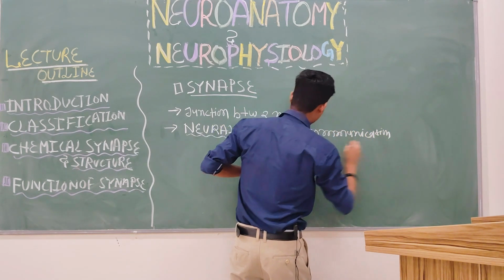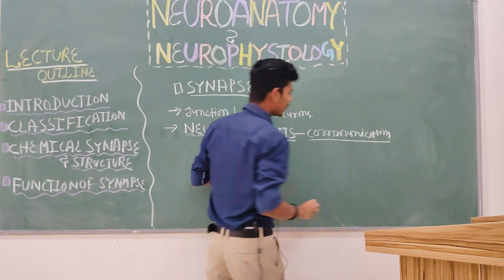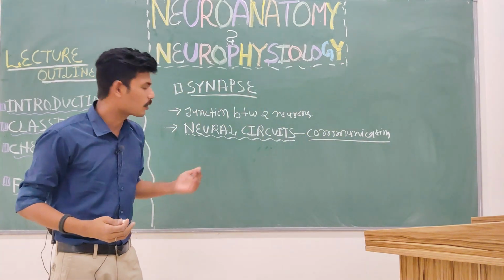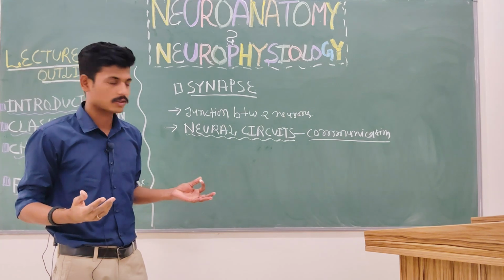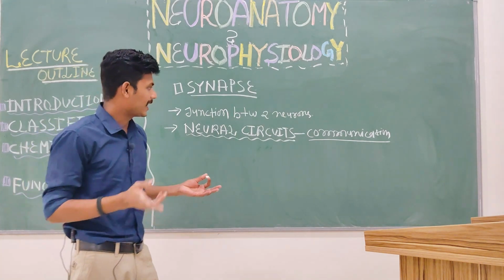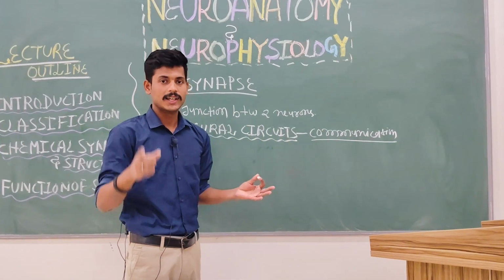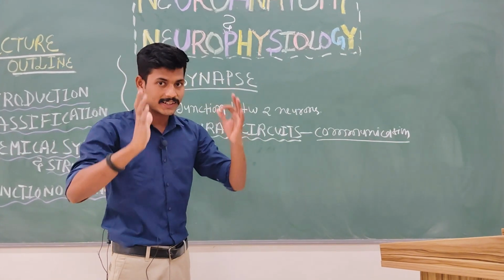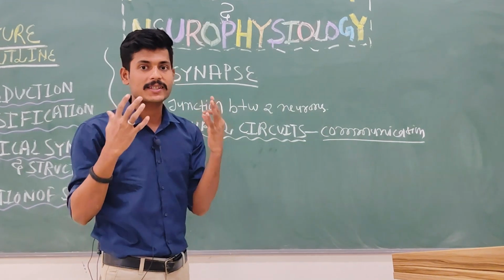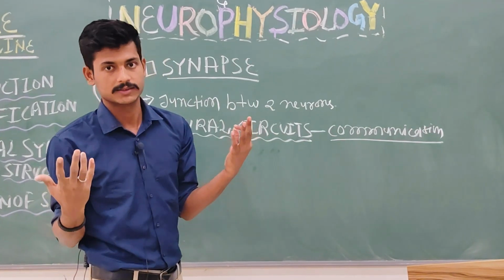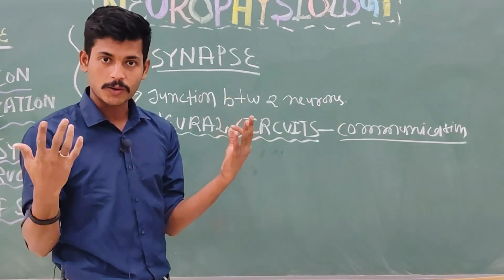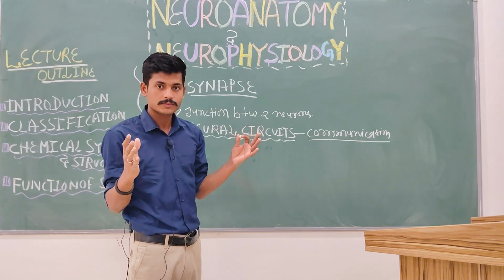Now the question that arises in our mind is: with whom do they communicate? The answer is they communicate with other neurons. As you know, your central nervous system is majorly composed of neurons, which means there are so many neurons.